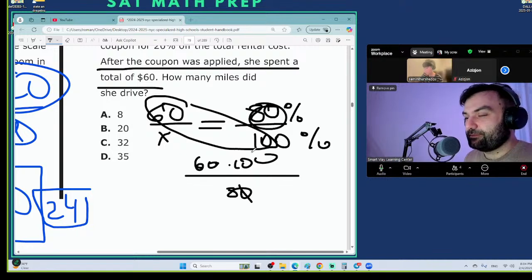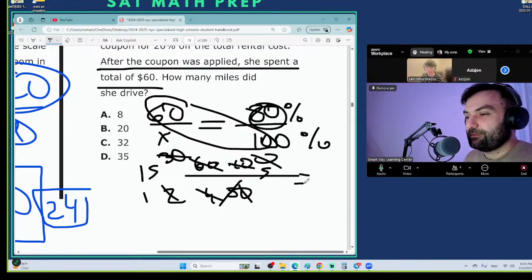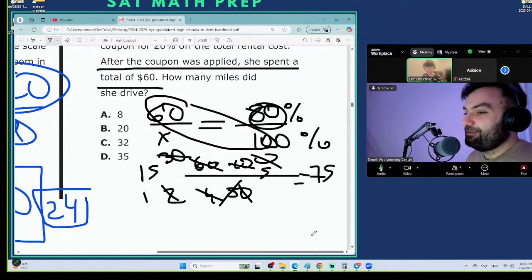So the zeros cancel, and then we can divide by 2. This is going to be 4, this is going to be 5. Divide by 2 again. This is going to be 2, this is going to be 30. Divide by 2 again. It's going to be 1, this is going to be 15. 15 times 5, 75. So the price was $75 before the coupon.